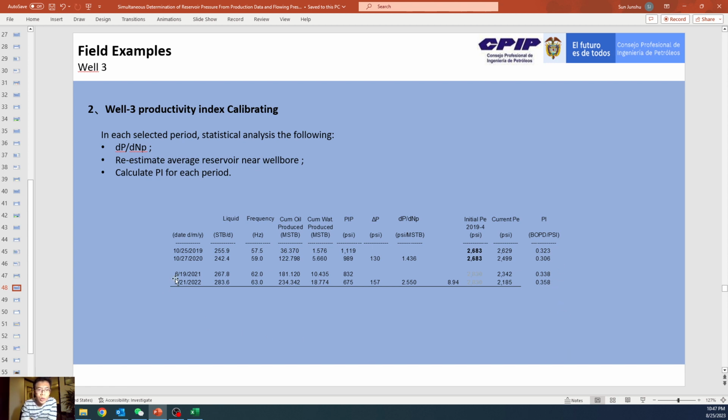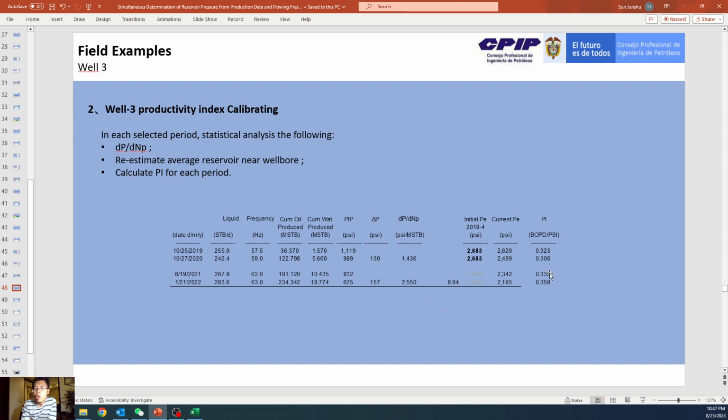From June 2021 to January 2022, the delta P is 157. Delta P per delta cumulative fluid is 2.55 psi per 1,000 barrels. So the average pressure around the wellbore is 2,342 psi and 2,185 psi respectively at this date.